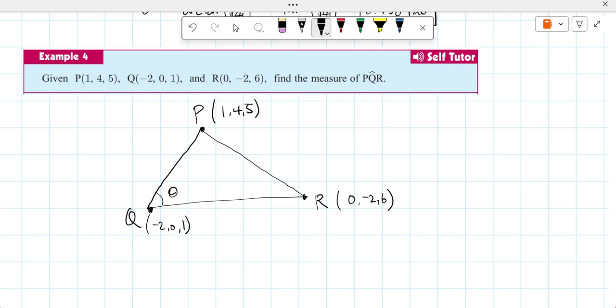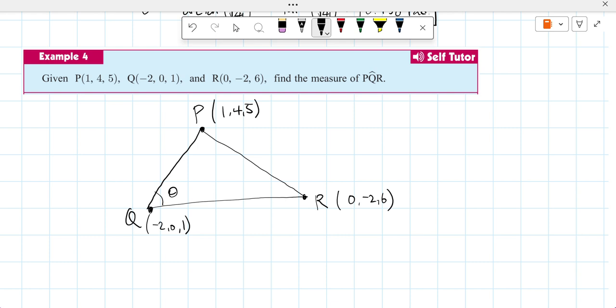And my goal is to find one angle of the triangle. Then what are the ingredients that I need? Well, first of all, I do not know whether this triangle is a right angle triangle or a non-right angle triangle. So I'm going to assume the least and say that this triangle is a non-right angle triangle.